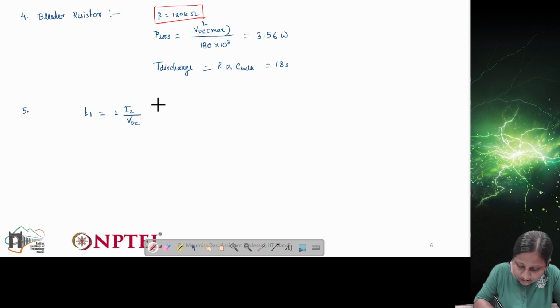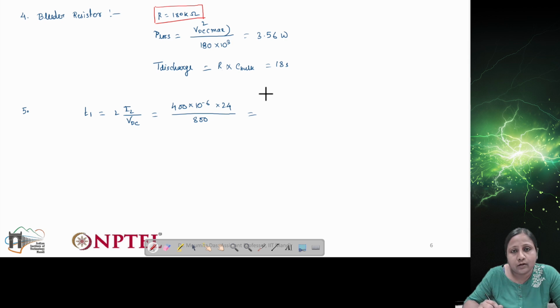We have to consider the maximum current, that is 24 ampere, and the DC voltage should also be maximum, 800 volts. From this we can calculate, and you will get a time of 12 microsecond.